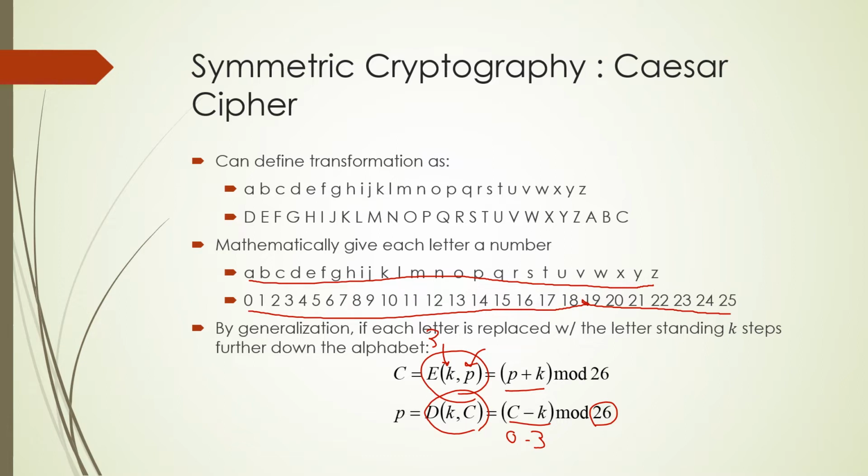It's the mathematical, number-theoretical mod, which is equal to 23, and 23 represents X. So for example, if the cipher letter is A, then the plain text letter would be X, because -3 mod 26 in number theory is equal to 23, not -3, which is basically the way programming languages like C and Java work.